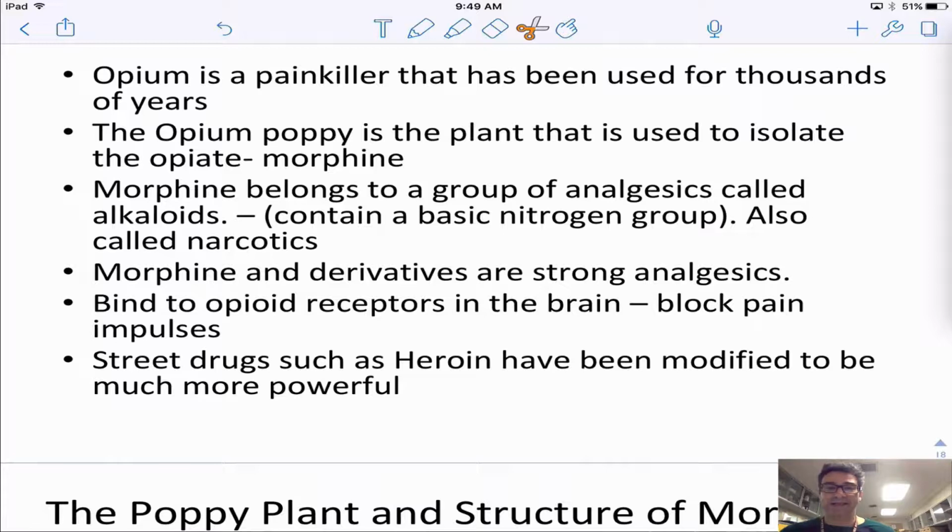All of the opiates that we'll discuss here are based on morphine, but when we start changing the functional groups on the morphine, we will see that they are much more readily absorbed through the blood-brain barrier, and therefore they're much more powerful.